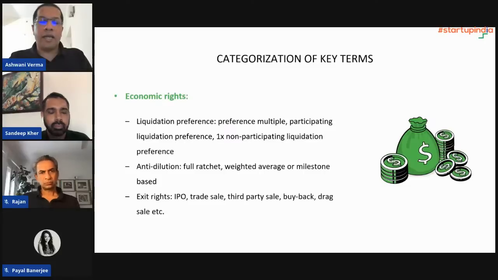So again, I don't think it depends on the stage of the company, because some of the companies Surge has funded were not even incorporated when we agreed to make the investment. But yes, in terms of documentation shared by Surge, there is a very simple one-page term sheet, and a very simple 15-page share subscription agreement.